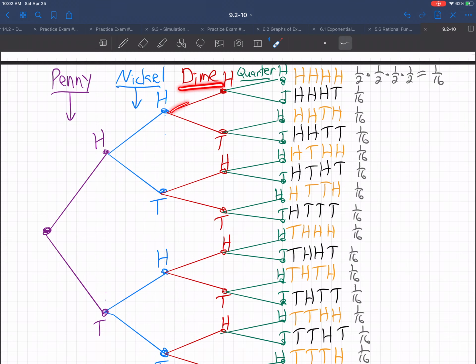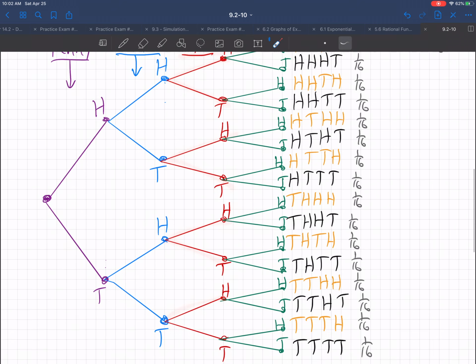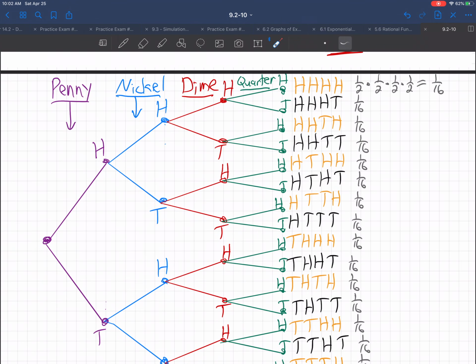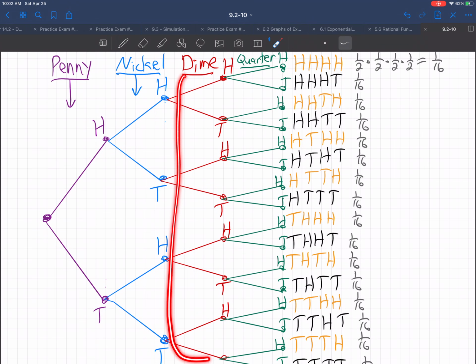Third action, the dime, is going to result in heads or tails. This whole level of branching all the way down here is for the dime. And then finally, the quarter: heads or tails, heads or tails, heads or tails.